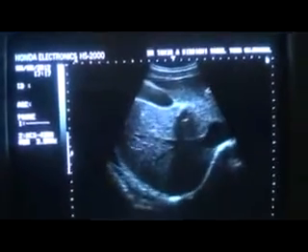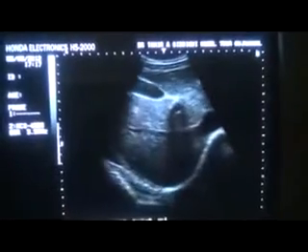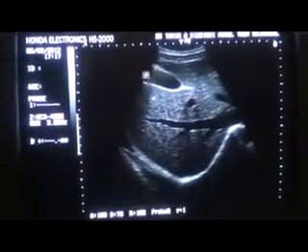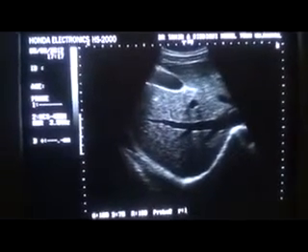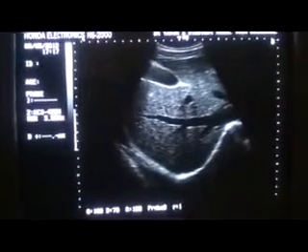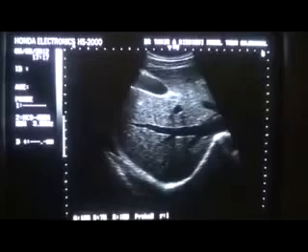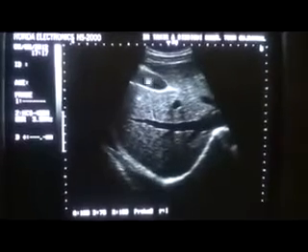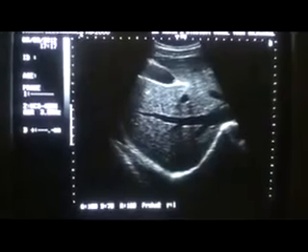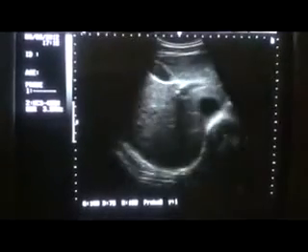Now this is what I am getting by placing the probe, and you can see that in this case, by scanning in this plane, I do find the gallbladder. This is the interlobar fissure or median lobar fissure. This is the gallbladder, this is the neck of the gallbladder, and this is the landmark for the identification of the gallbladder.